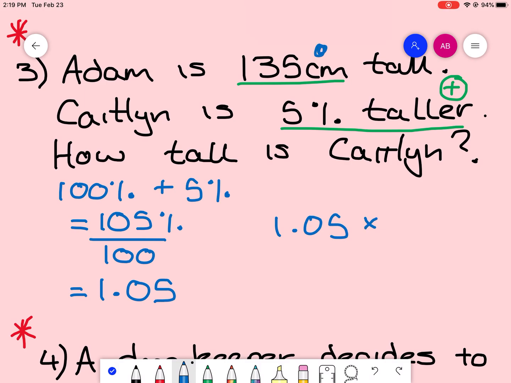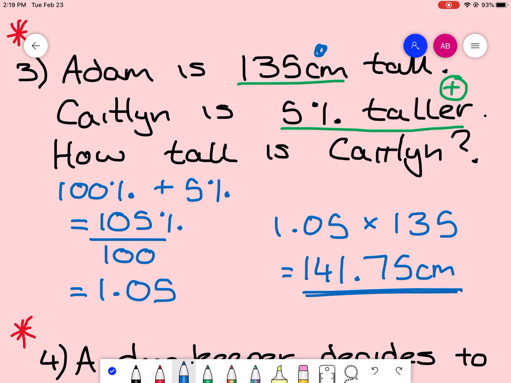The original height for Adam was 135. So 1.05 times 135, and we get, in this case, 141.75 centimetres. So if Caitlin was 141.75 centimetres, as you can see, that's taller than 135 centimetres, so that does make sense as well.